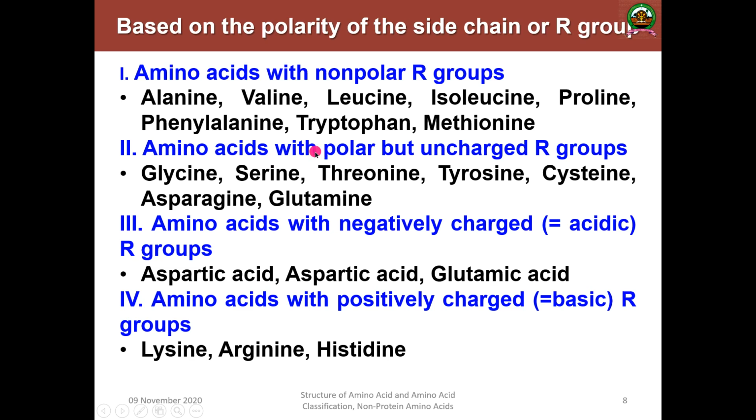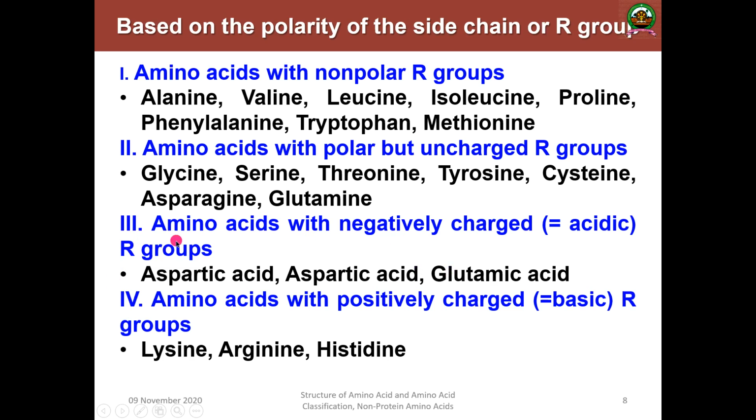Next one is amino acid with a polar but uncharged R group. Examples are glycine, serine, threonine, tyrosine, cysteine, asparagine and glutamine. Then the amino acid with a negatively charged or acidic R group, such as aspartic acid and glutamic acid.